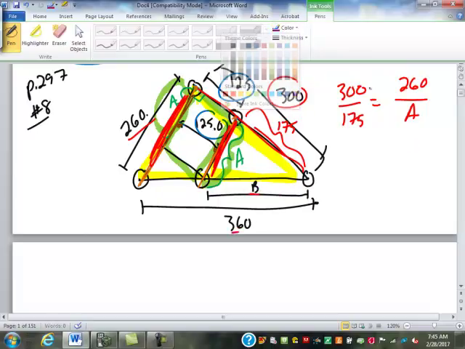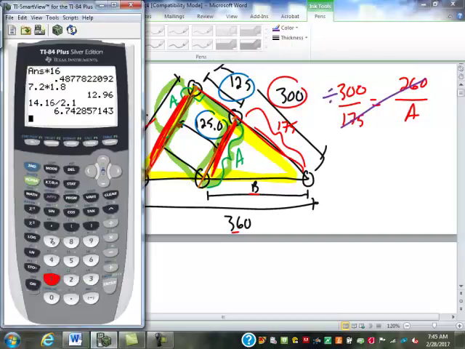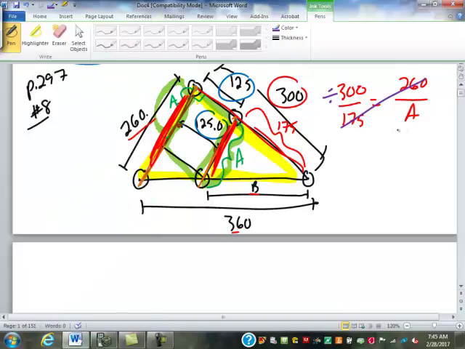So now we cross multiply and divide. 175 times 260 divided by 300 gives us 151.67. Since everything's given to the nearest tenth, I'd probably round that to 151.7 as your answer.